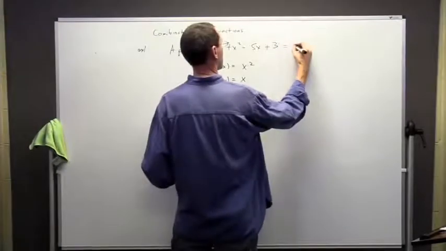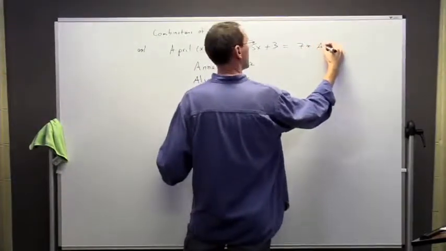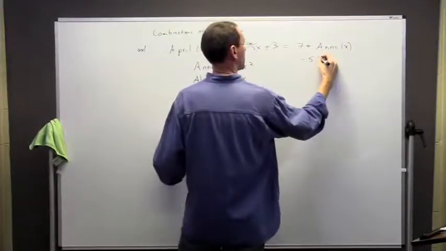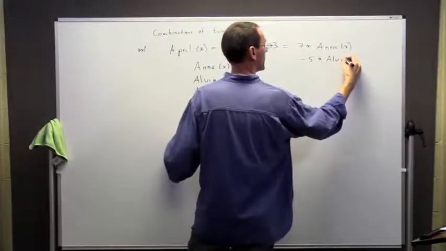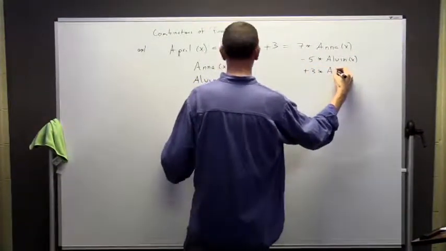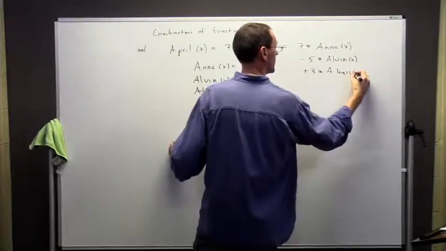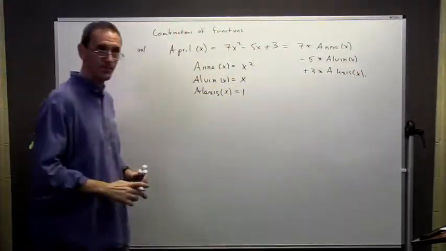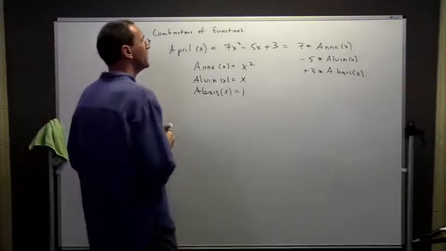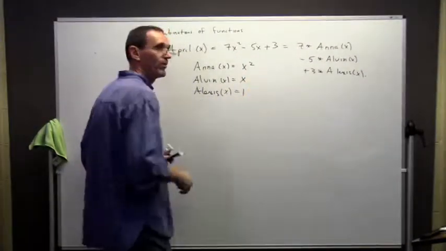In particular, I can think of this as 7 times Anna minus 5 times Alvin plus 3 times Alexis.